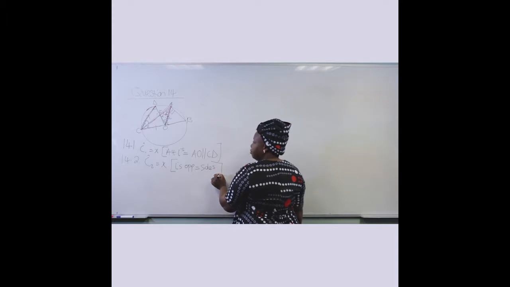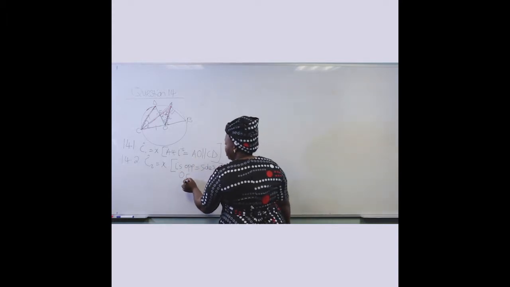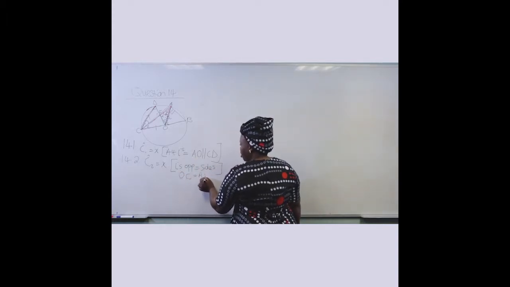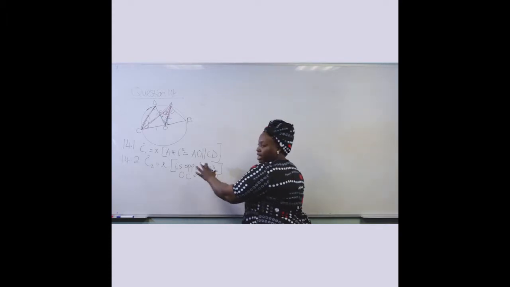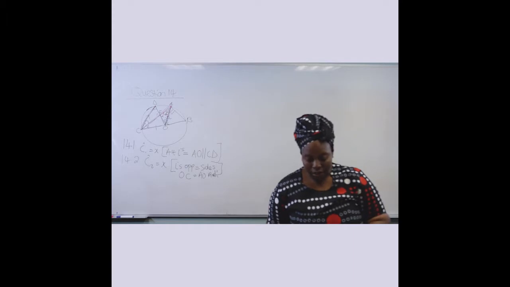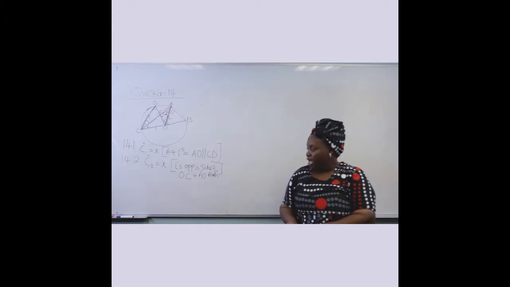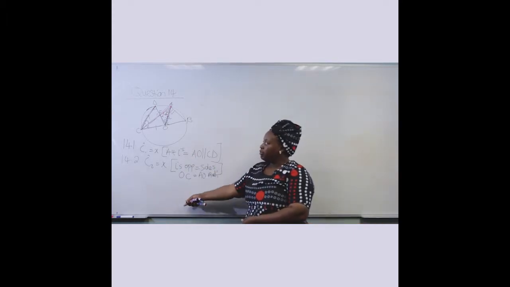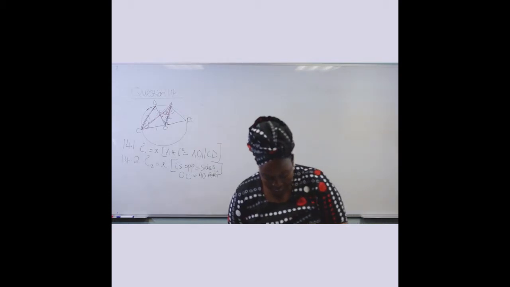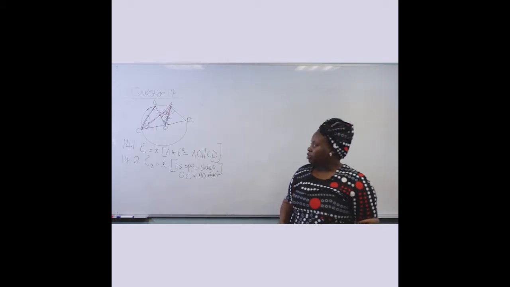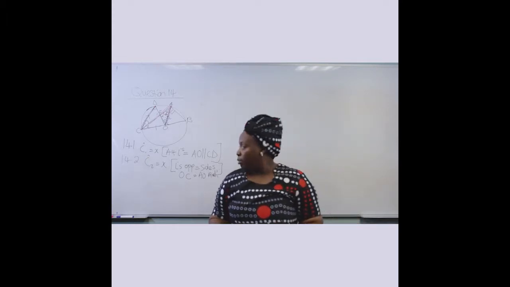And one can simply say because OC is equal to AO, and the reason will be radii. Either one of these two reasons will give you a mark. Okay, folks? And it's very simple for you to just follow as long as you know the theorems and the information that is needed.